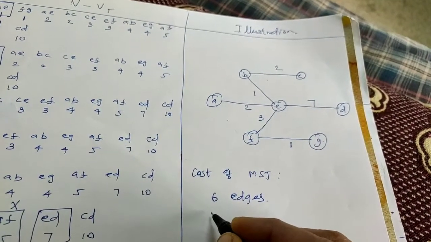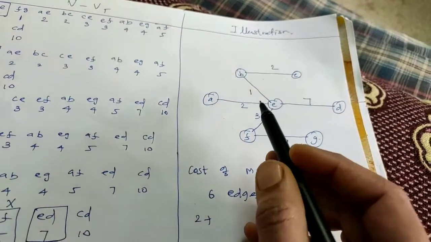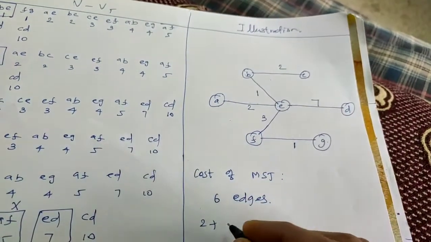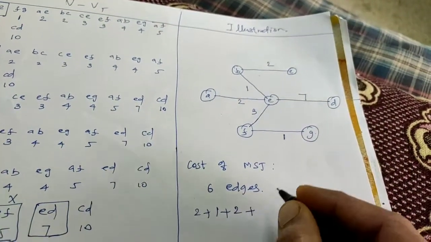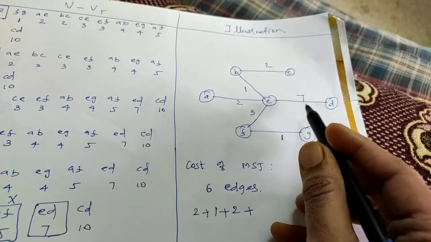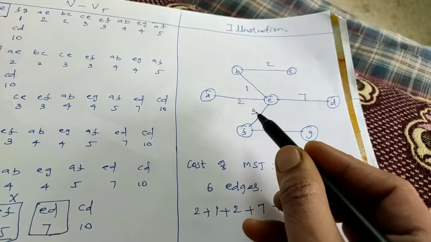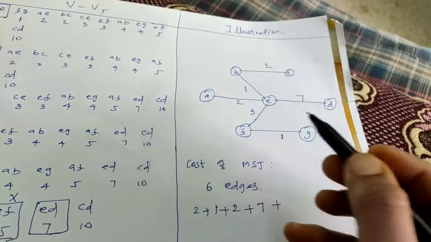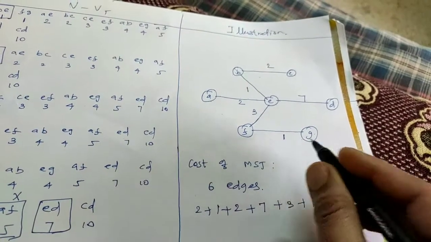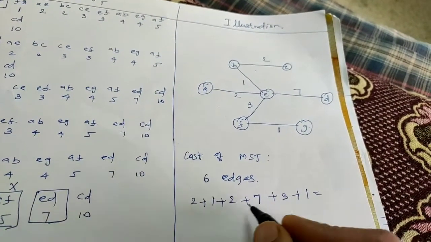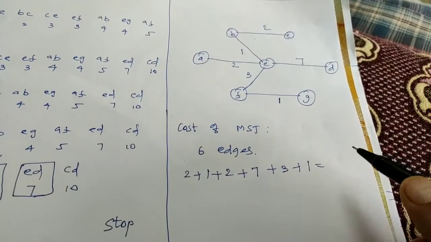The first edge is 2, plus the second is 1, plus the third edge value is again 2, plus the fourth edge value is 7, plus 3, plus 1, the last edge value. So totally I have 6 edges. Add all the edge weights together to get the cost of the minimum spanning tree.